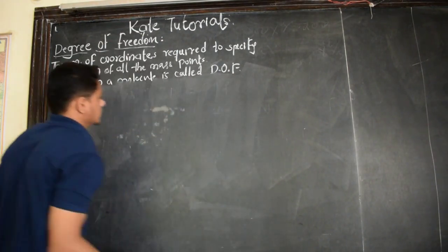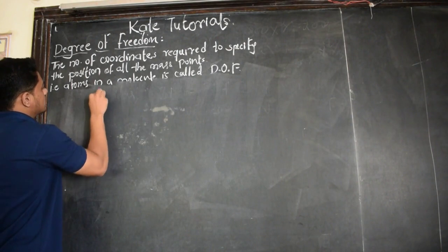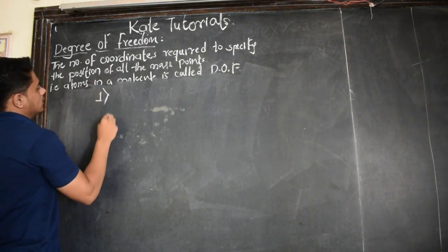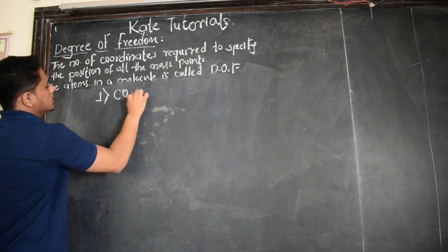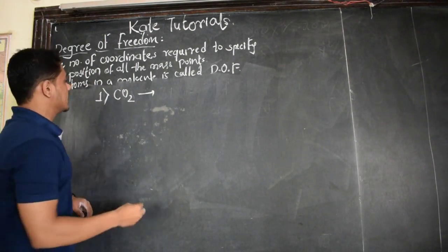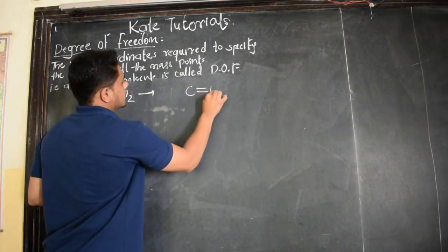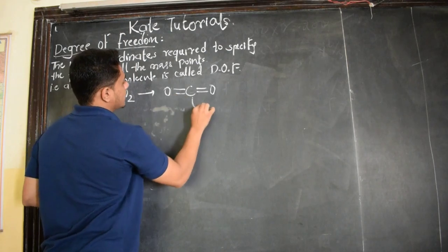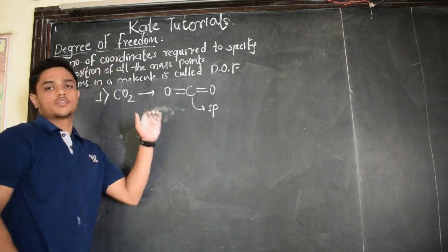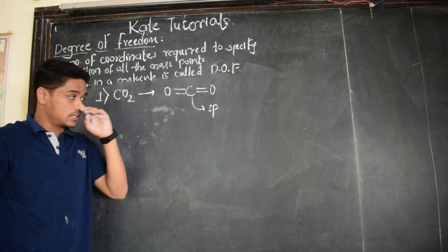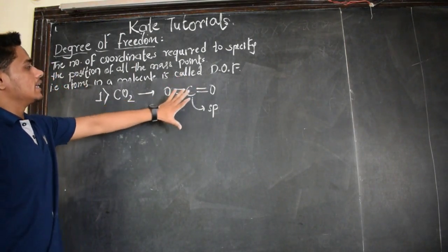So let us solve a few examples based on linear and non-linear molecules. Let me consider the first example to be carbon dioxide, CO2. CO2 is a good example of a linear molecule because it is like this. The carbon is sp hybridized, so it will be on a linear axis, that is in one plane. So this is linear.